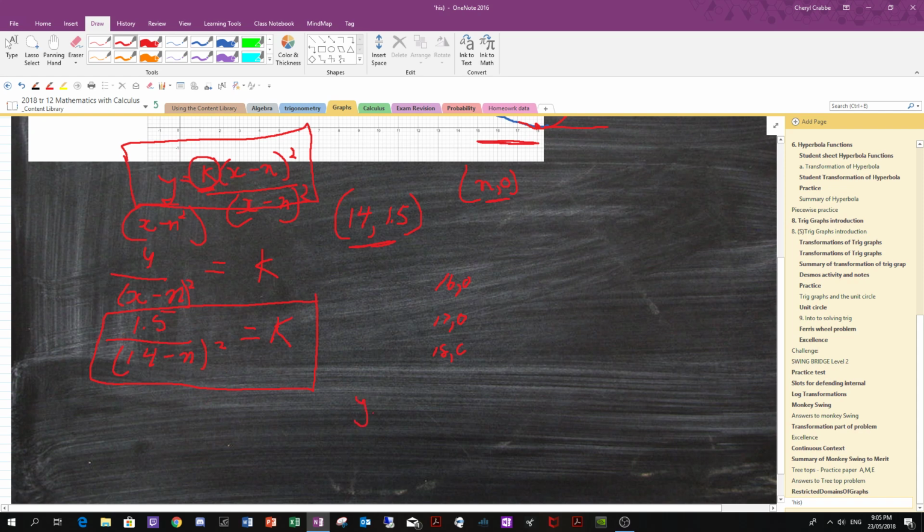So if the equation was y is equal to k times x minus n squared, and we know now that k can be expressed this way, using the point and n, we're going to plug that in for k. We're just going to substitute in. So we're going to get y is equal to 1.5 over 14 minus n squared times x minus n squared.